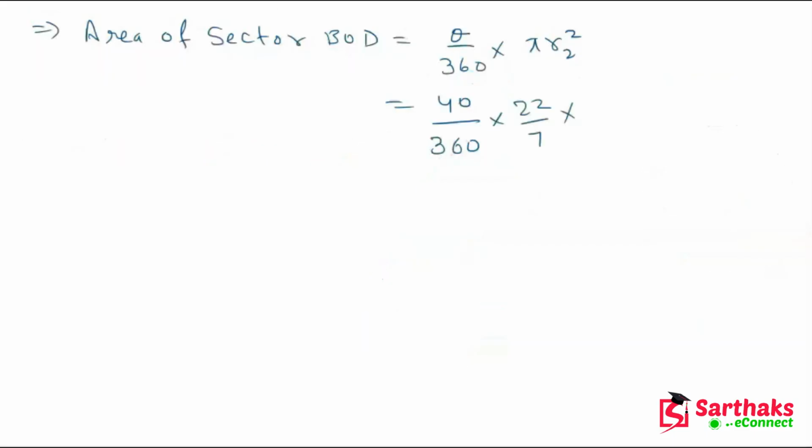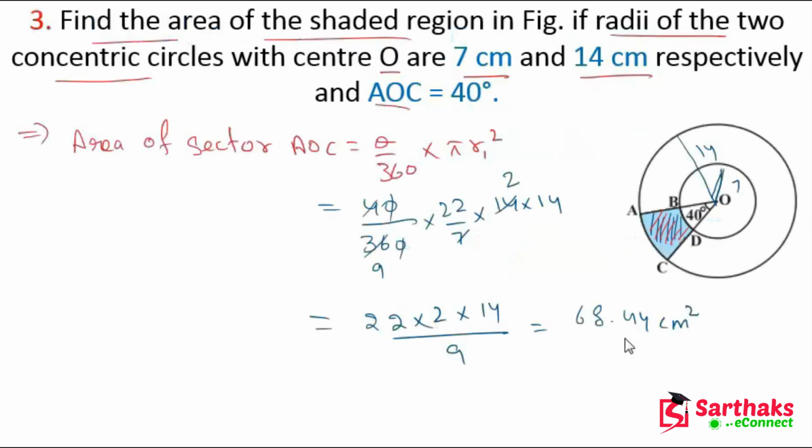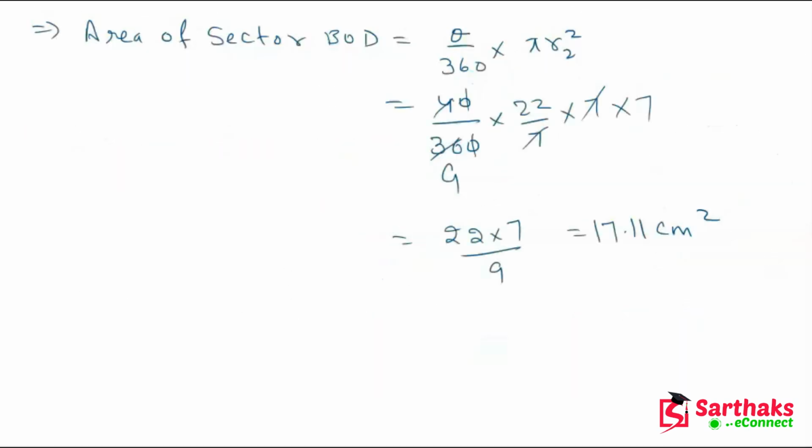So we can write 7 into 7. This will be cancelled and the 0 is cancelled. This goes to 9 times. So we have 22 into 7 upon 9. If we solve it, we get 17.11 centimeter square. So the first answer is 68.44 centimeter square and the second is 17.11 centimeter square.